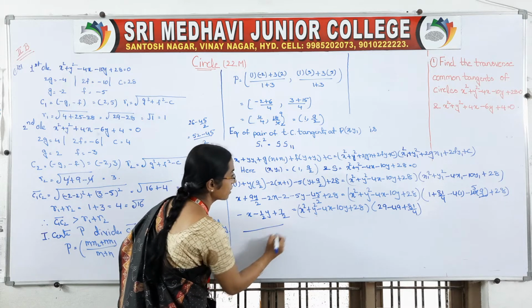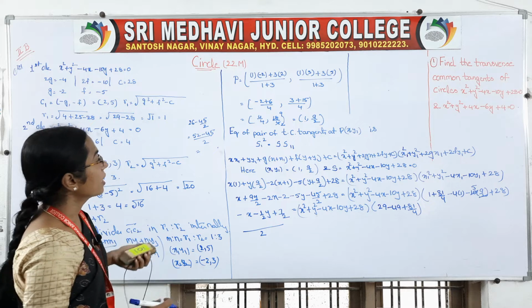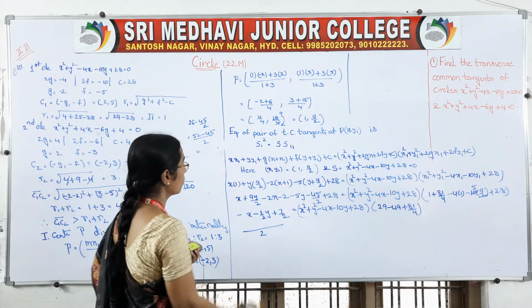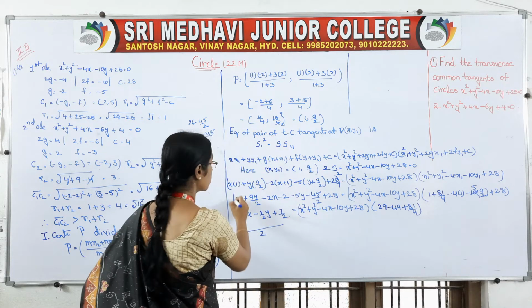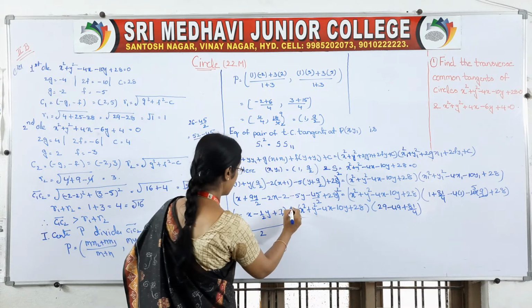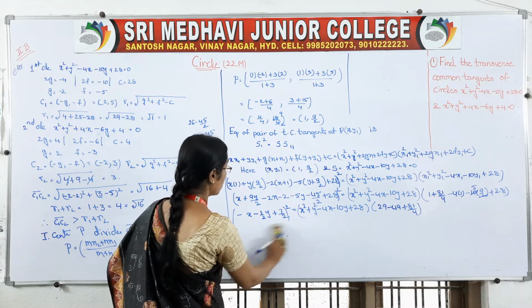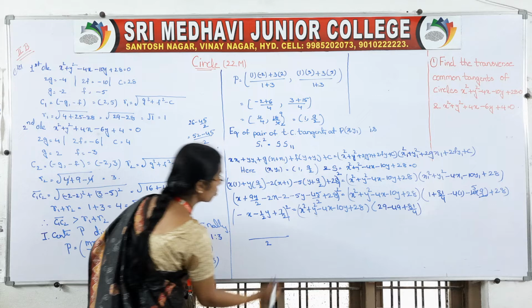So taking the LCM for this, this is 2, and here it is S1 square, so we have to take this value whole square. Here also whole square, here also whole square. So we take this one whole square. Now take the LCM for this. This is 2.